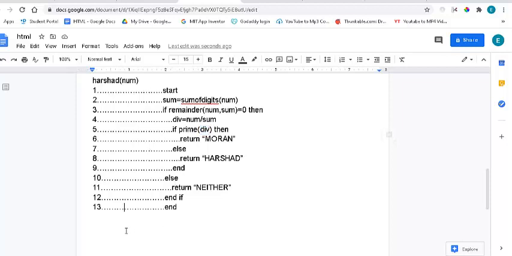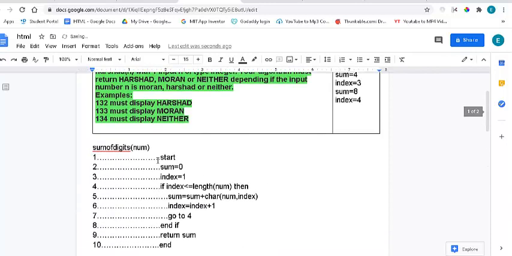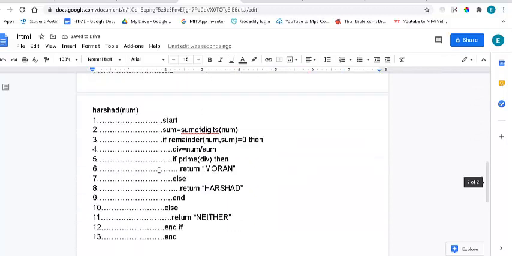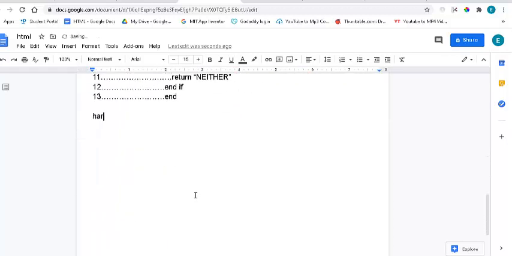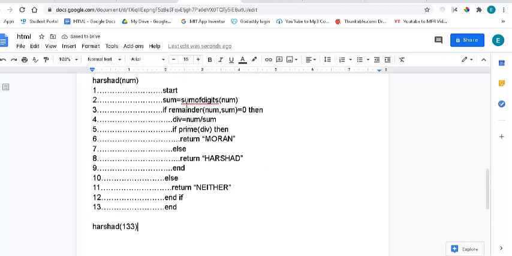Now let's just check to see if the algorithm works. Let's input something like 133. So I'm going to call harshad 133. This means num is 133, so I'm going to write num is equal to 133. Sum is going to be sum of the digits of 133.